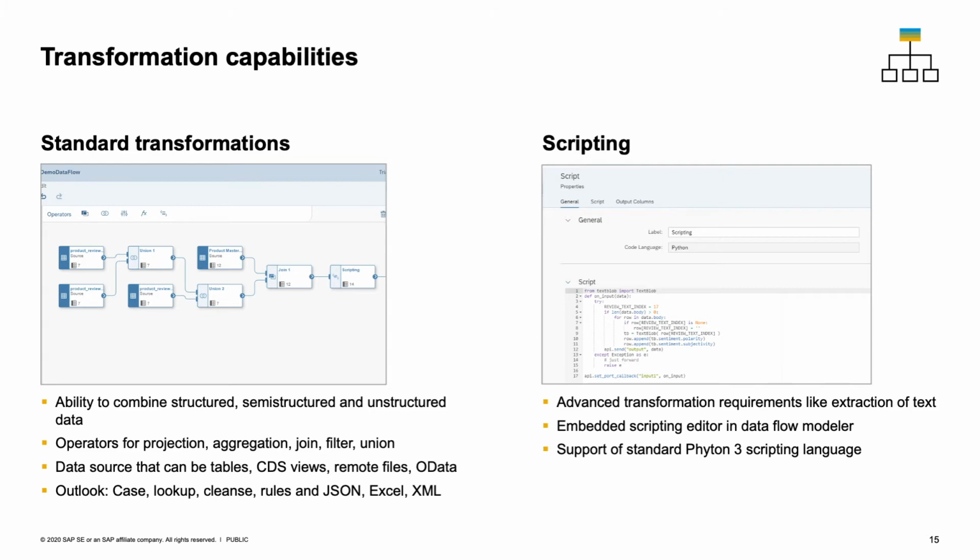We're also working on more and more standard or custom transformation capabilities, which will probably only be available in the data flow modeler. For example, things like a case operator, lookup, cleansing rules, or JSON, Excel, and XML operators so that you can also work with these semi-structured data sources.